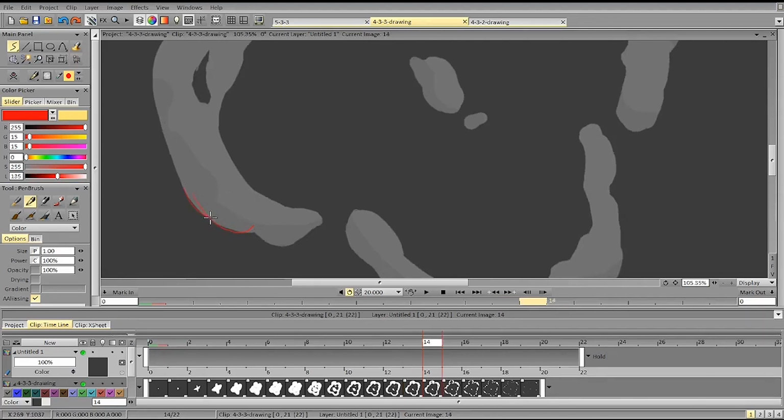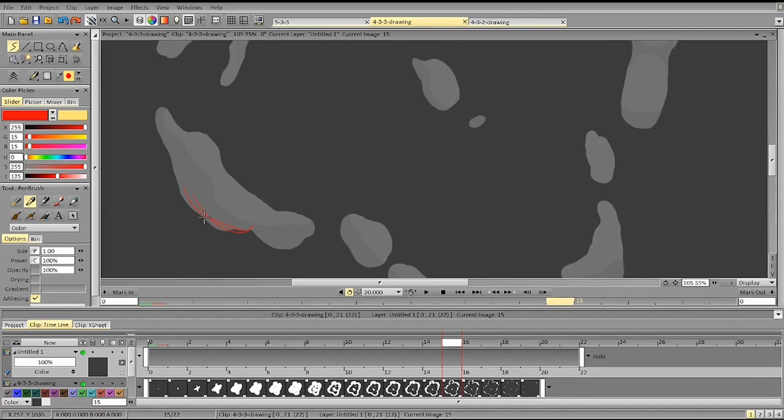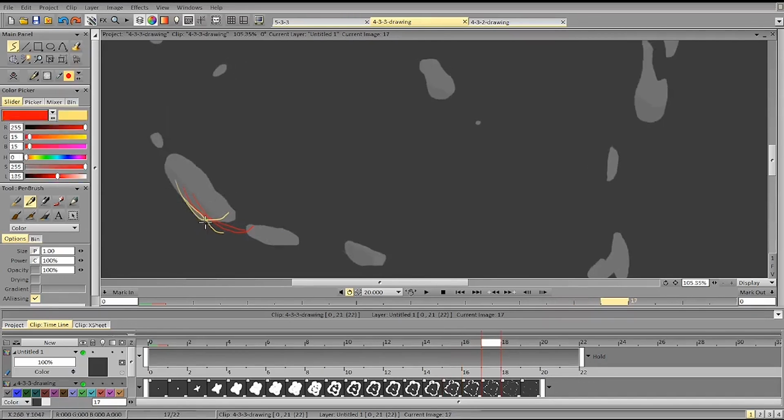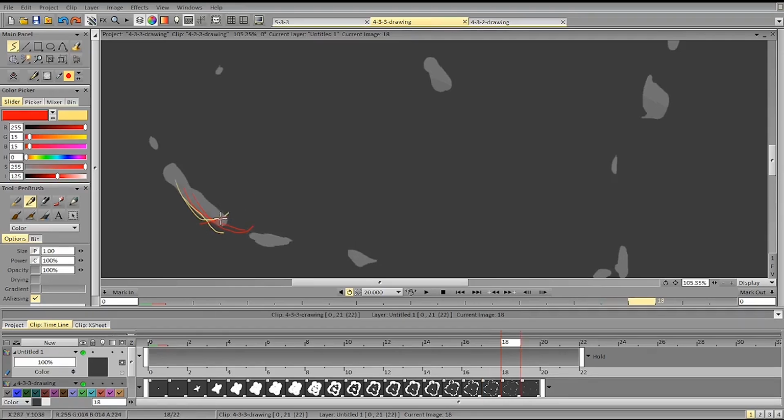Suddenly moves to the left. Suddenly goes more bumpy to the right. Suddenly all the mass moves up. Suddenly it stops. Suddenly it moves forward, and it's very rectangular.